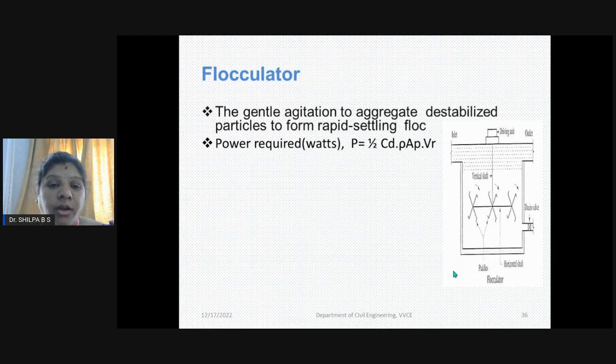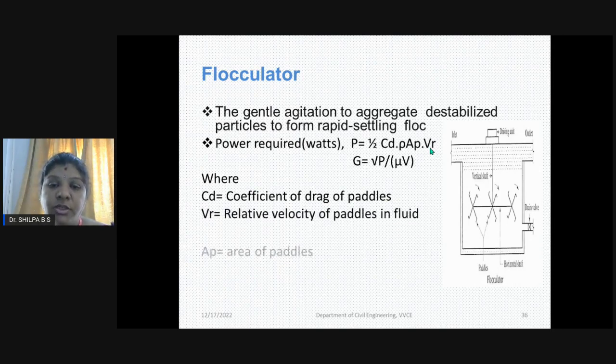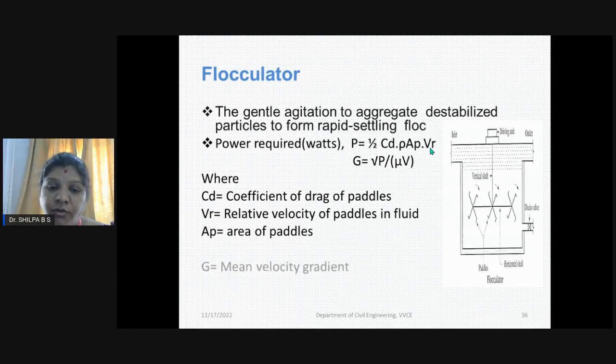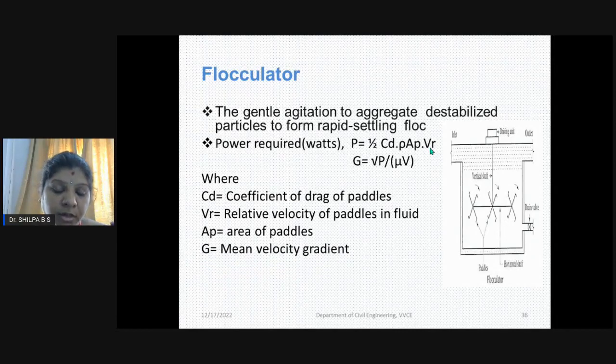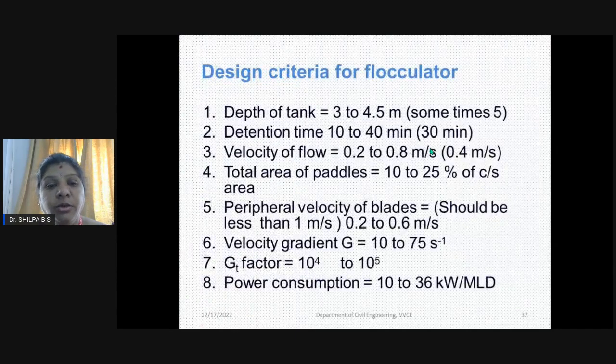So the power required for this flocculator we can calculate using the relation P equals half CD into rho into AP into VR cubed, and also G is the square root of P by mu into V, where CD is the drag coefficient of the paddle, VR is the relative velocity of the paddle, AP is the area of the paddle, G is the mean velocity gradient, V stands for the flocculator volume, and mu is the absolute viscosity.